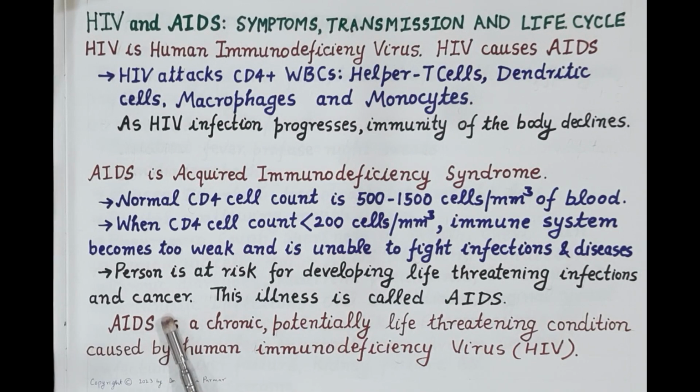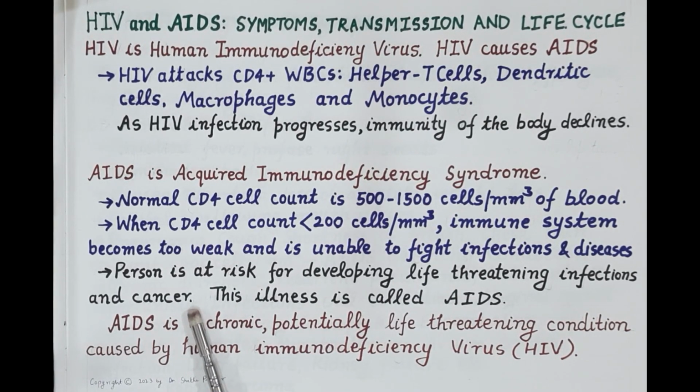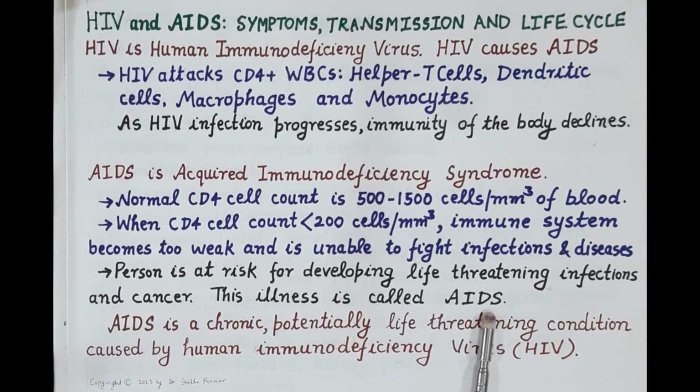So, now a normal cold can develop into pneumonia. A slight cough can develop into tuberculosis. A minor gut infection can cause severe diarrhea. So, HIV infection progressively increases and it causes AIDS. This illness is called AIDS.